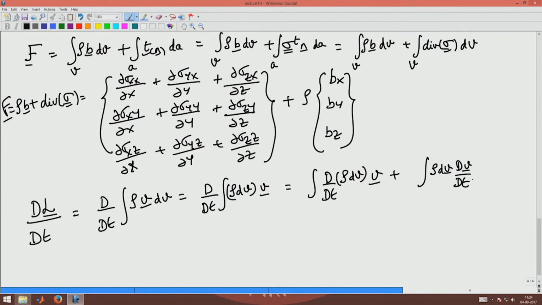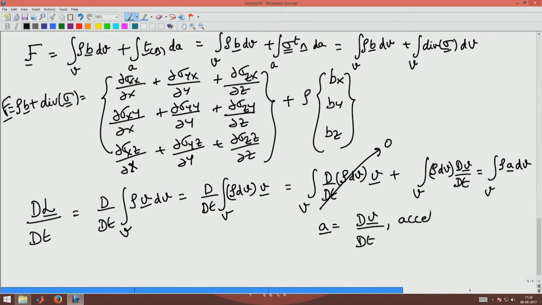In a chemically non-reactive system, rho dV, that is the mass of the system, does not change, so the first term goes to 0. You are left with integral over V of rho a dV, where a is the rate of change of velocity, which is nothing but acceleration.